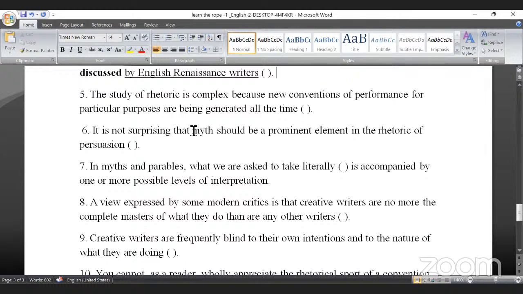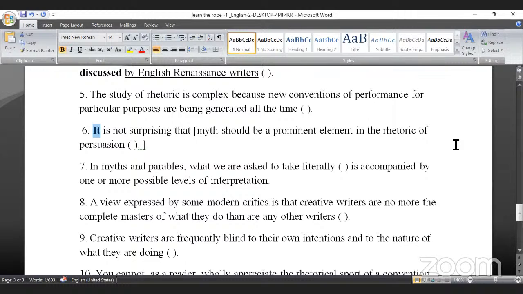Then what is this particular part standing for? Isn't this "it" standing for myth should be a prominent element in the rhetoric? Yes, right? So if something is standing in place of the subject, then what kind of clause has it to be? It's a nominal clause. No, not adjective.